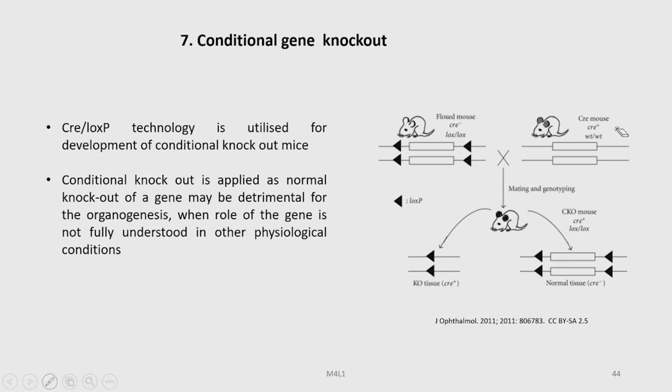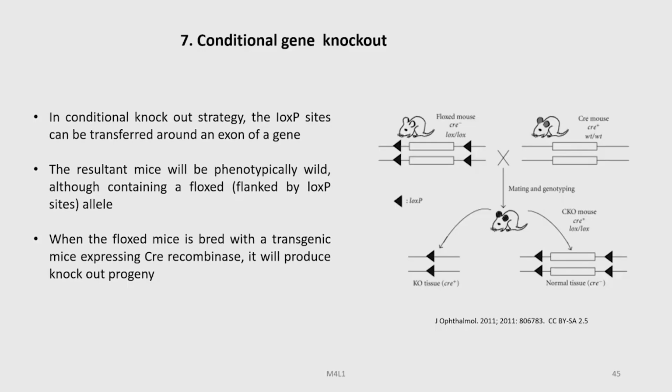The conditional knockout is applied as normal knockout of a gene may be detrimental for the organogenesis when role of the gene is not fully understood in other physiological conditions. For example, we cannot create knockouts of housekeeping genes, whereas in conditional knockout strategy the LOXP sites can be transferred around an exon of a gene.